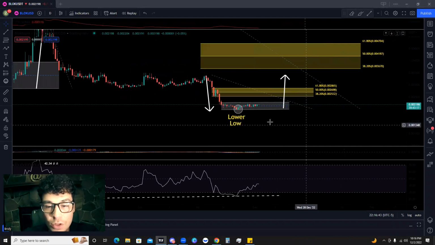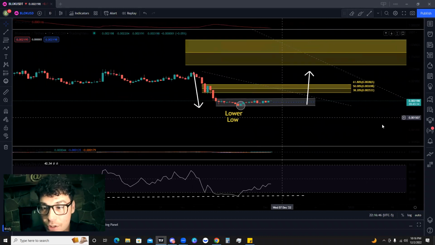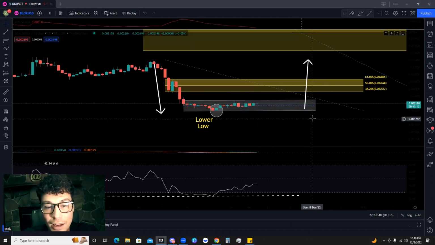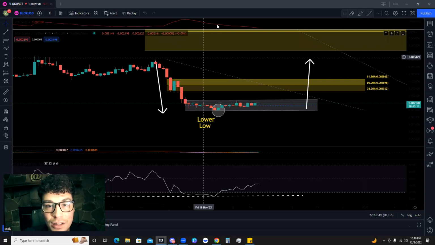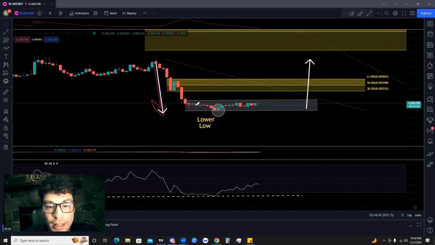Okay. So now that we know that there's some bullish divergence going on, we saw what happened last time when we were in the healthy box consolidation phase, right? We had the downtrend and we had the healthy consolidation, right? We got bullish divergence, and ultimately we ended up getting a breakout up to our 38.2 retracement level. But the main thing we have to watch out for is, if we do get a breakout, these three levels right here, 0.0025, 0.00269, and then 0.00286, those are going to be the main levels to watch out for, okay?